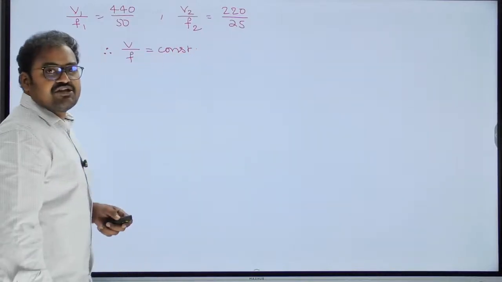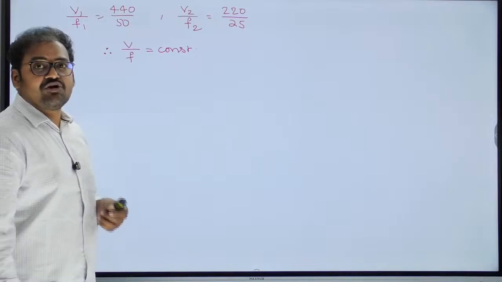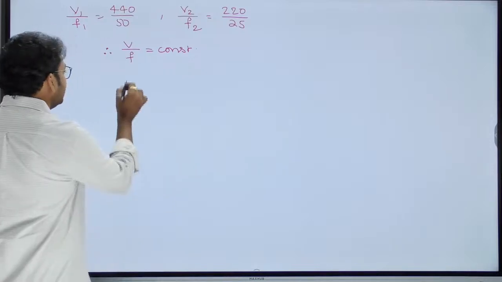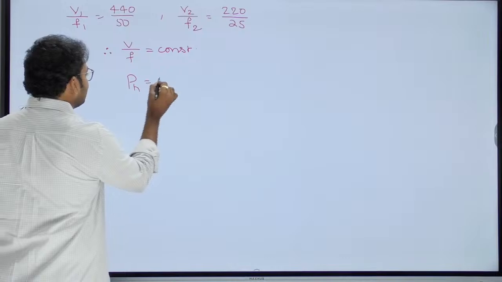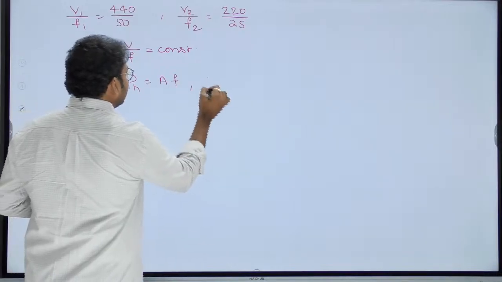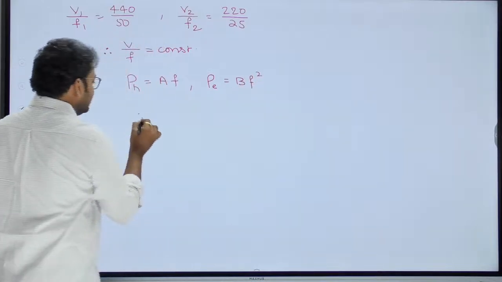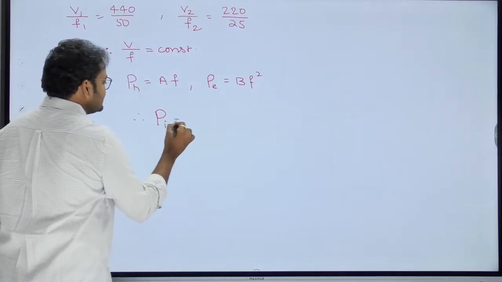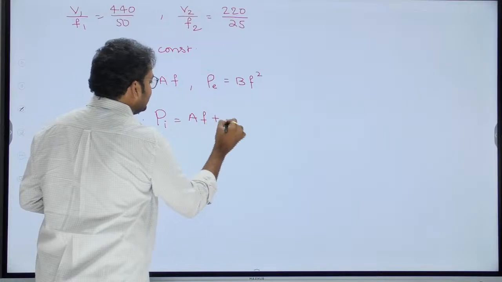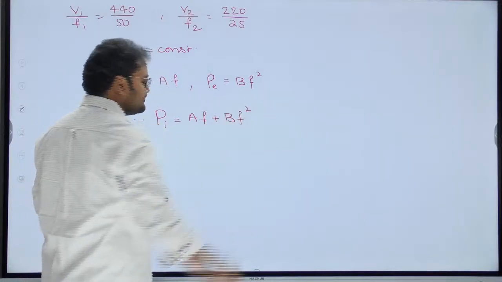If V by F ratio is constant, what is the formula for hysteresis and eddy current loss? Hysteresis loss is equal to A into F. Eddy current loss will be equal to B into F square. Therefore, the total iron loss is equal to A into F plus B into F square.